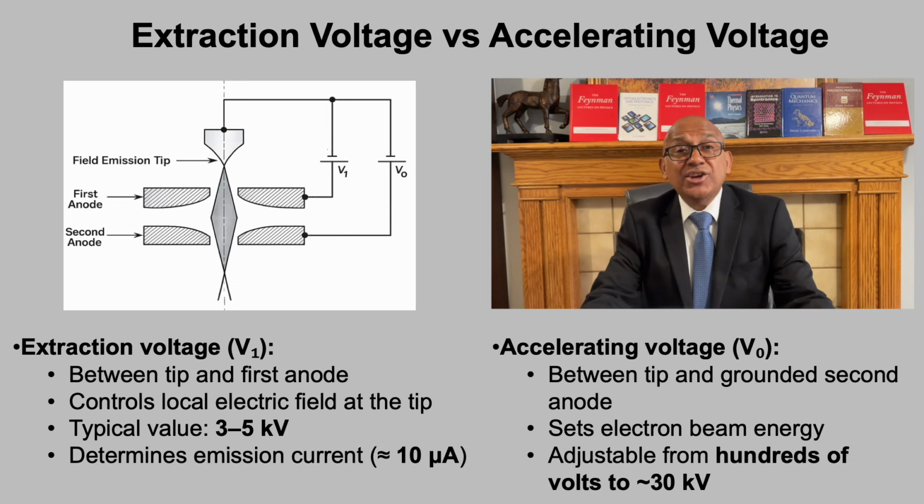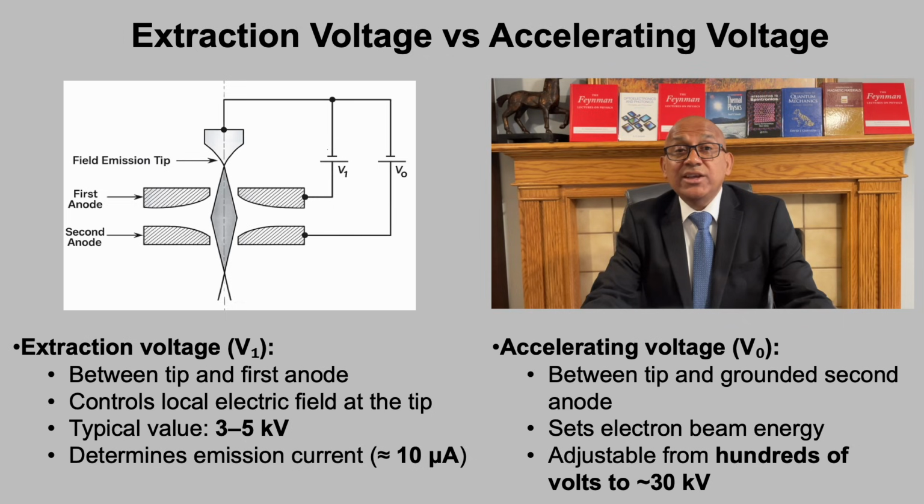Typically, an extraction voltage in the range of 3 to 5 kilovolts is sufficient to generate emission currents on the order of 10 microamperes. Increasing V1 primarily affects the emission current, not the beam energy.